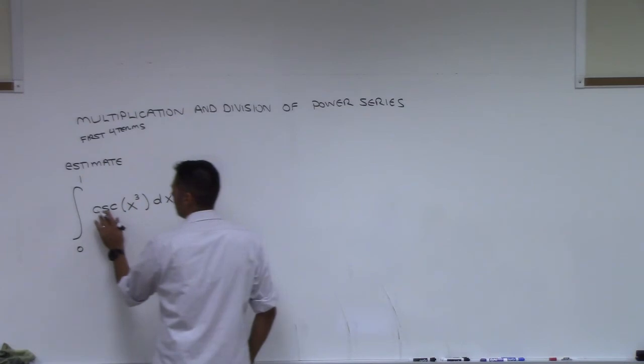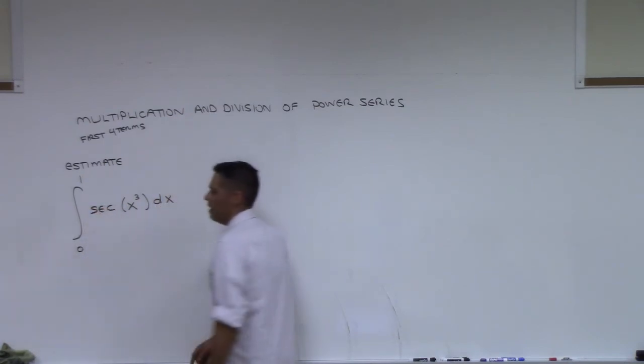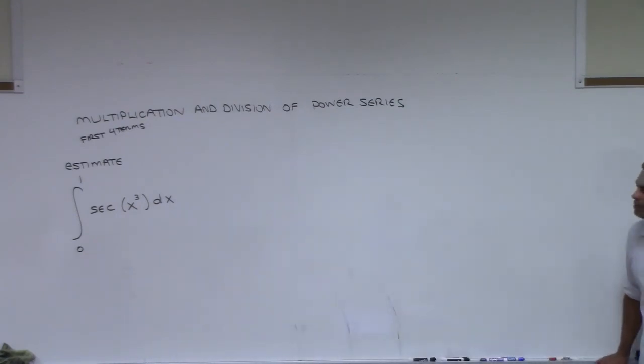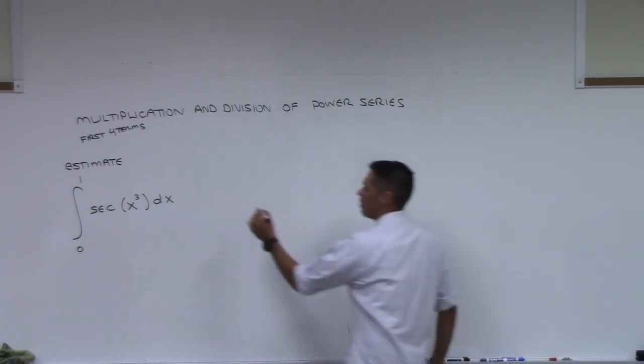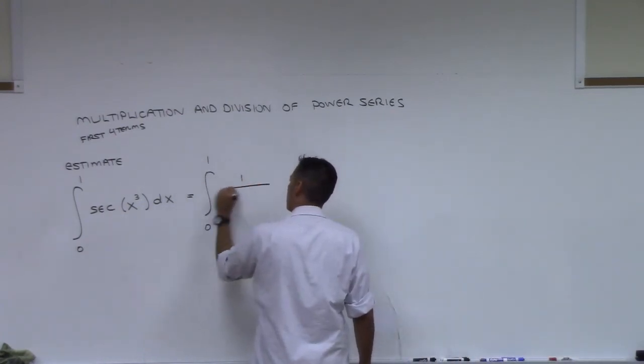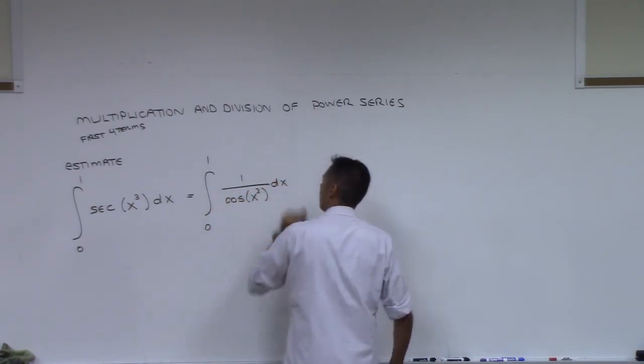Make that secant. It would have been undefined at 0. We'll do 1 over cosine then. We don't have a Maclaurin series for secant, but we do for cosine, right? So we're going to first make this look like the integral from 0 to 1 of 1 over cosine of x cubed dx, right?